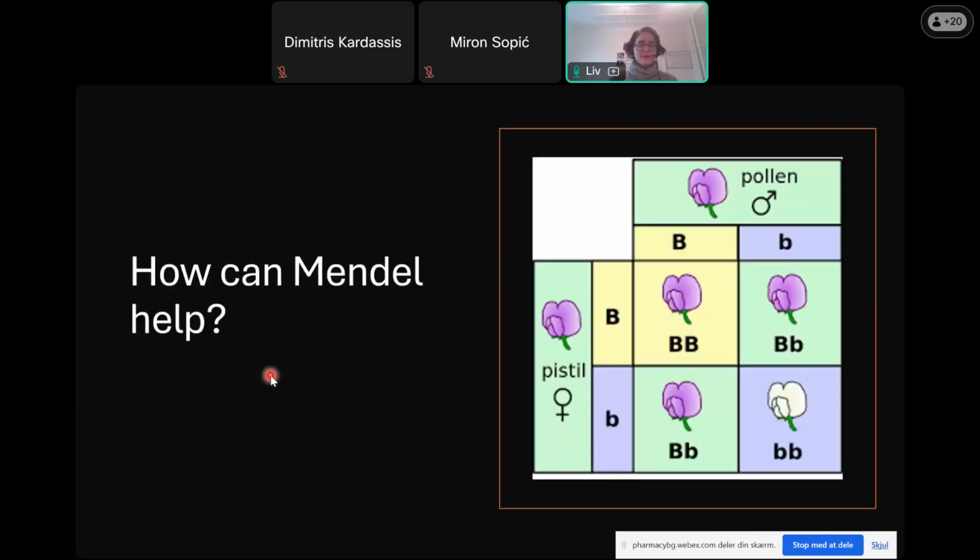Okay, so how can Mendel help? Mendel was a monk and he studied pea flowers. What he found out was that if he had a purple male pea flower and a purple female pea flower, when they reproduced, one likely scenario was that they had 3 purple baby flowers and 1 white baby flower. Why was this?